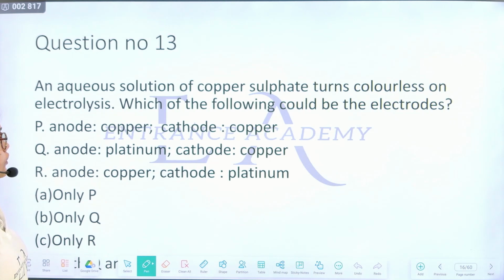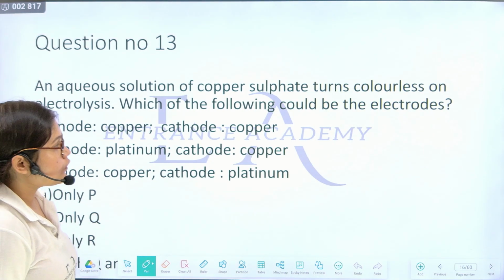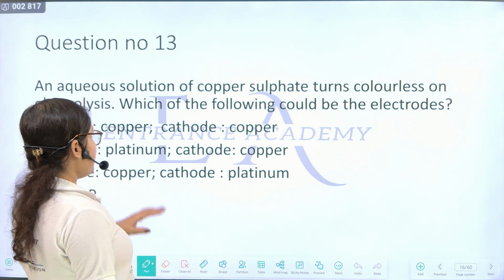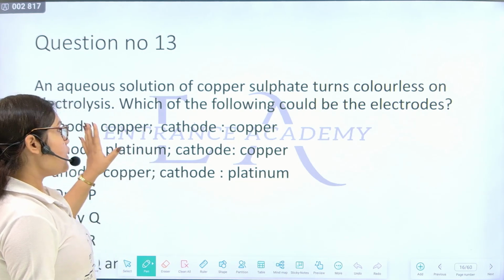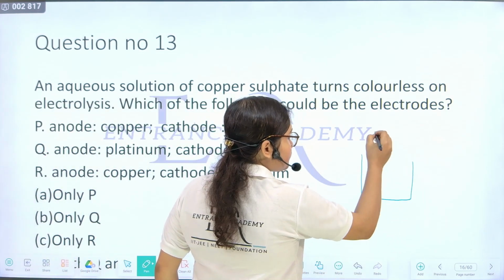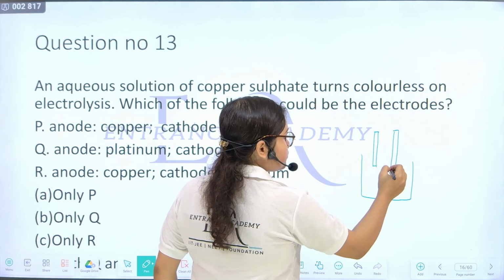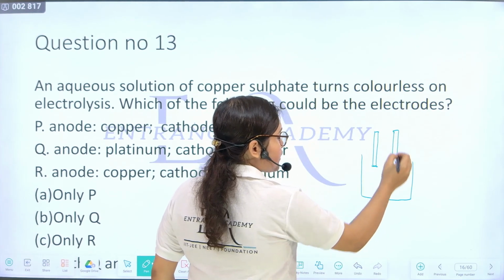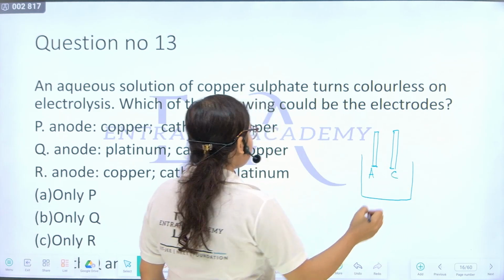An aqueous solution of copper sulfate turns colorless on electrolysis. Which one of the following could be the electrodes? Electrolysis using copper sulfate. The arrangement is like this: anode and cathode.